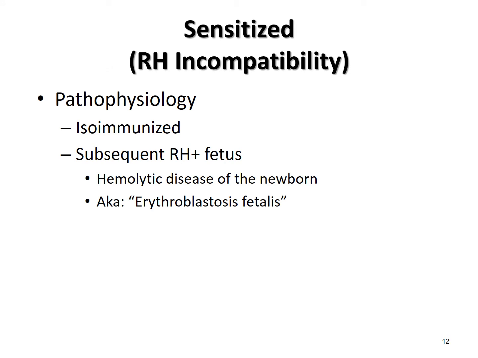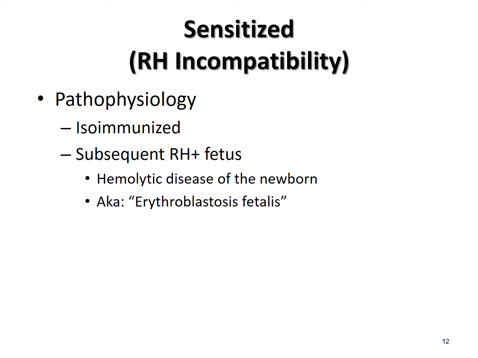All right, what is the pathophys? Well, the pathophysiology, the firstborn newborn is rarely affected. Because the maternal blood system needs to be sensitized to the incompatible fetal RBCs from a previous pregnancy with an Rh positive fetus.